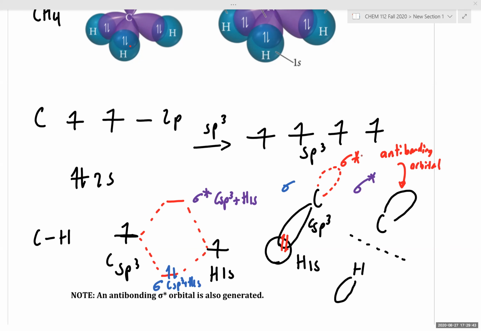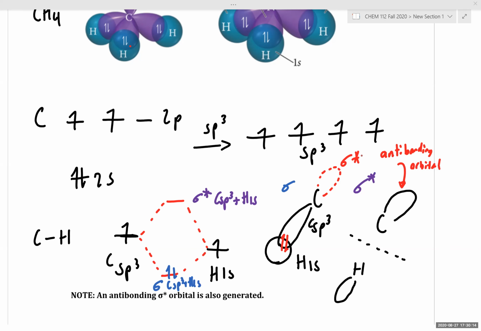The antibonding orbital is located on the opposite side of our chemical bond, and this is why many organic reactions that involve breaking single bonds, the approach will occur from the opposite side of our bond. Common examples of this would be the SN2 reaction, in which our nucleophile attacks our carbon from the opposite side to our chemical bond.